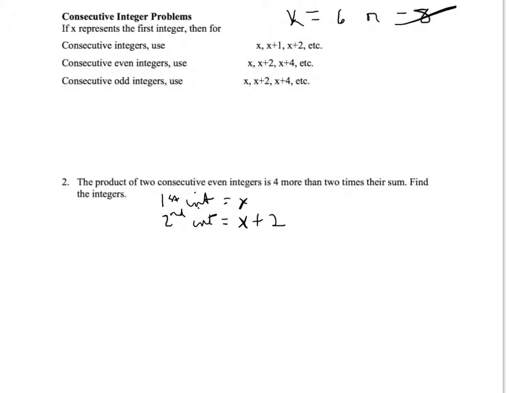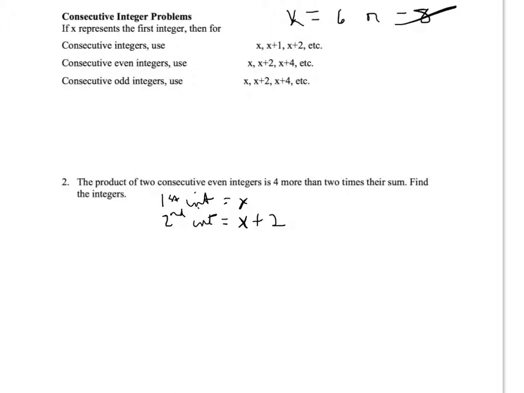Even if it had said consecutive odd, I would still have written x plus 2. The difference is when I solve for x, I should have gotten an odd number. In this problem, because it says two consecutive even integers, when I solve for x, I know I should get an even number.